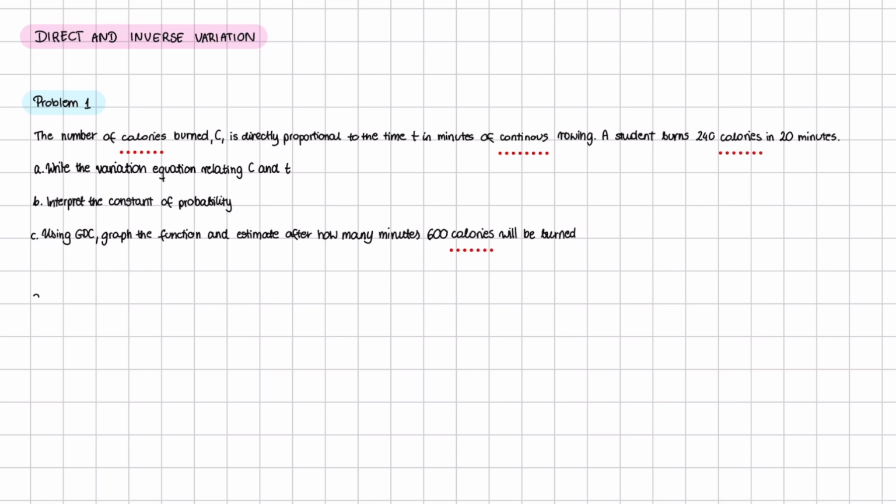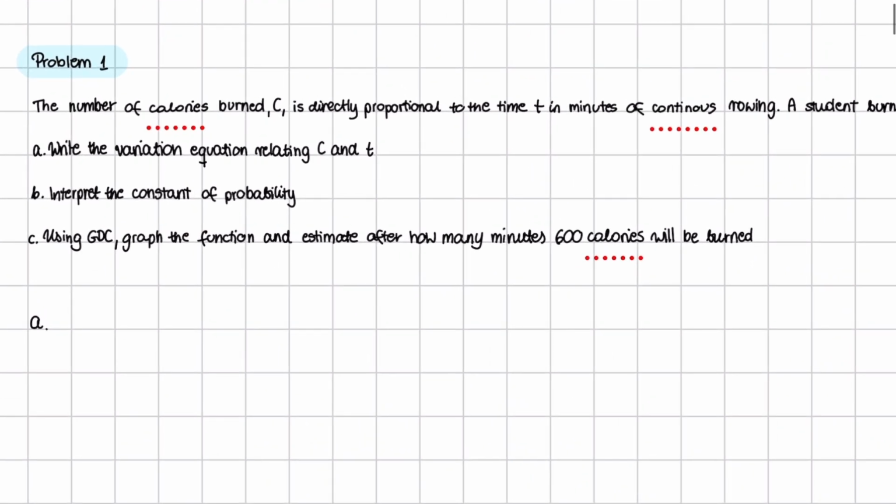So firstly, we have to remember our sign for variation. If our C is directly proportional to the time T in minutes, we firstly write C ∝ T. The sign means that C is directly proportional to time.